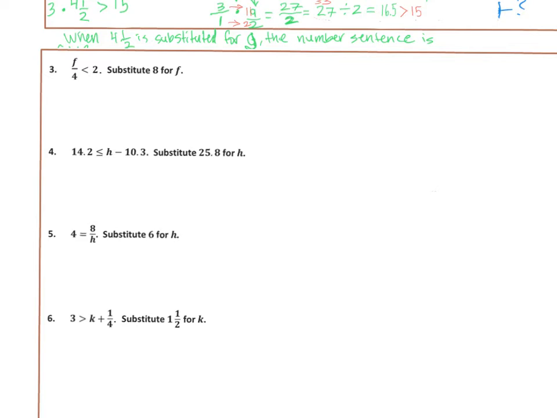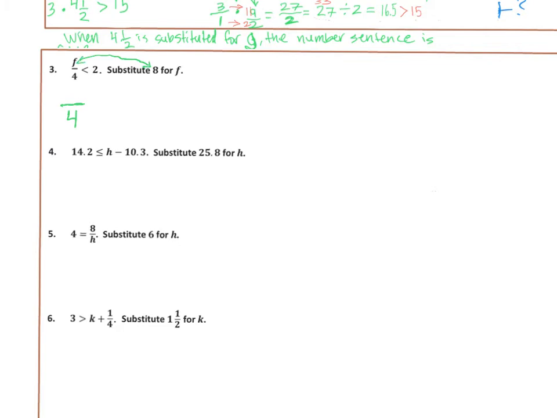So if we substitute f, let's go through and see what that looks like. So we're just going to take f, and go ahead and make our lines real quick. So we got our division line or a fraction line, however you want to call it. We'll have 4 on the bottom, and then we're going to be substituting f for 8.